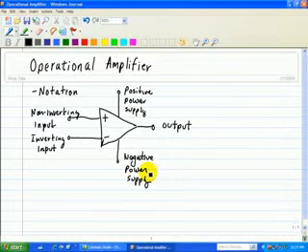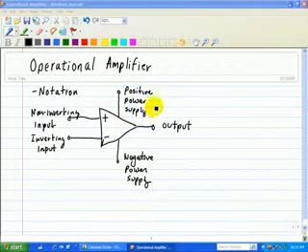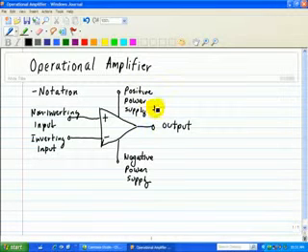Since the op-amp is an active device, it requires power to make it work. However, when we draw these circuits, the positive power supply is usually denoted as plus VCC, and the negative power supply is usually denoted negative VCC.